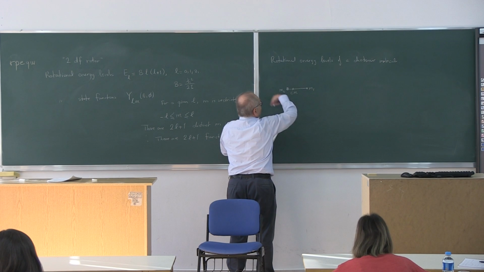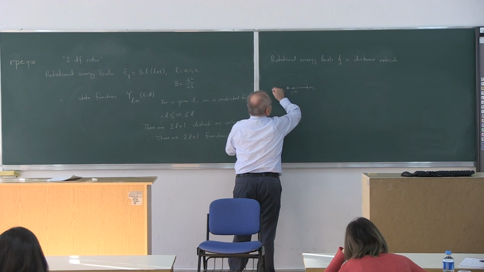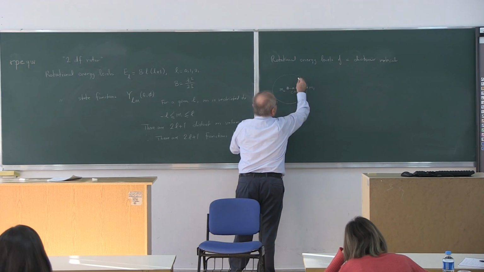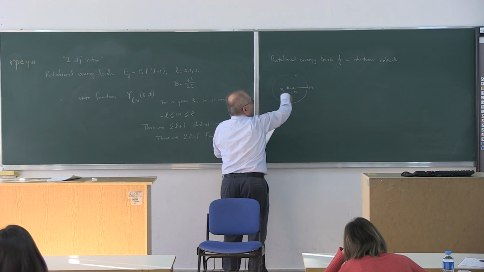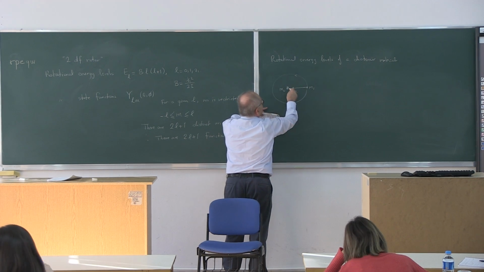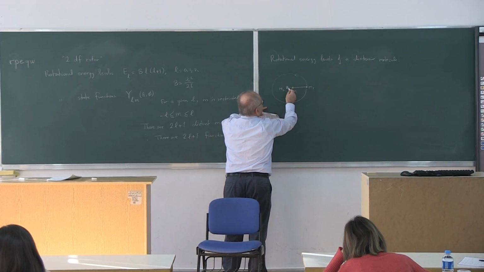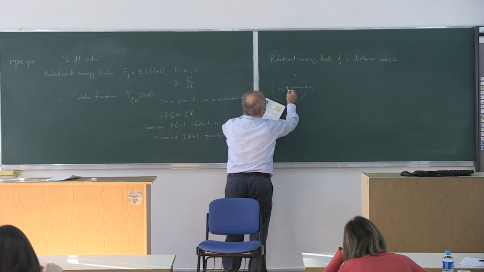Now, if the rotation is like that, then this mass is moving in this manner. This is the center of the circle. And at the same time, this mass is rotating.